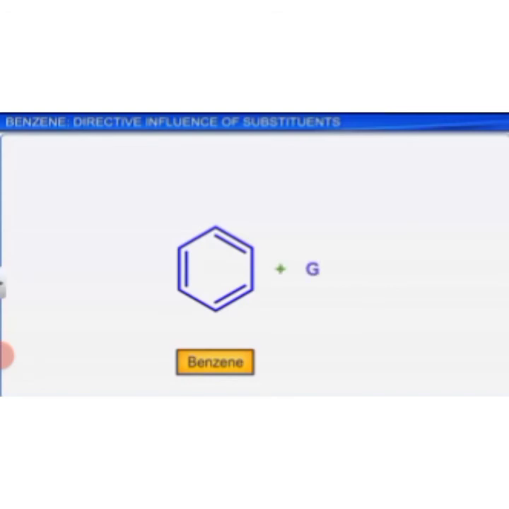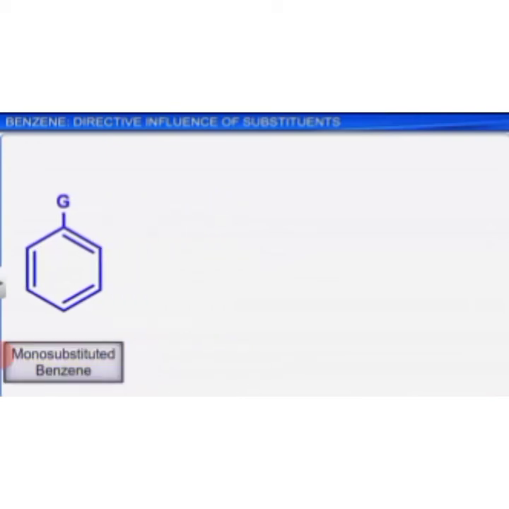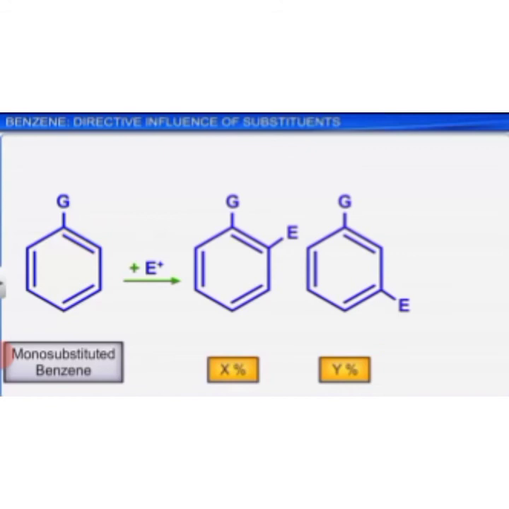As we know, benzene undergoes typical electrophilic substitution reactions and forms monosubstituted benzene as the product. When this monosubstituted benzene is subjected to further electrophilic substitution, it forms 3 possible disubstituted products in varying amounts.